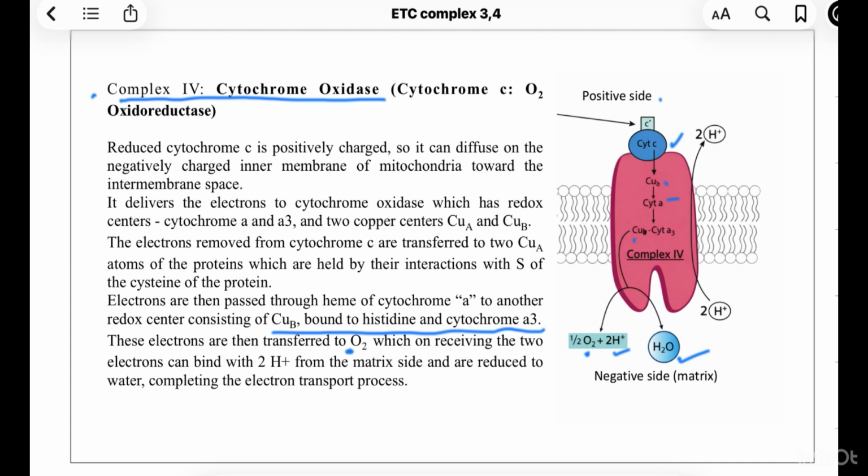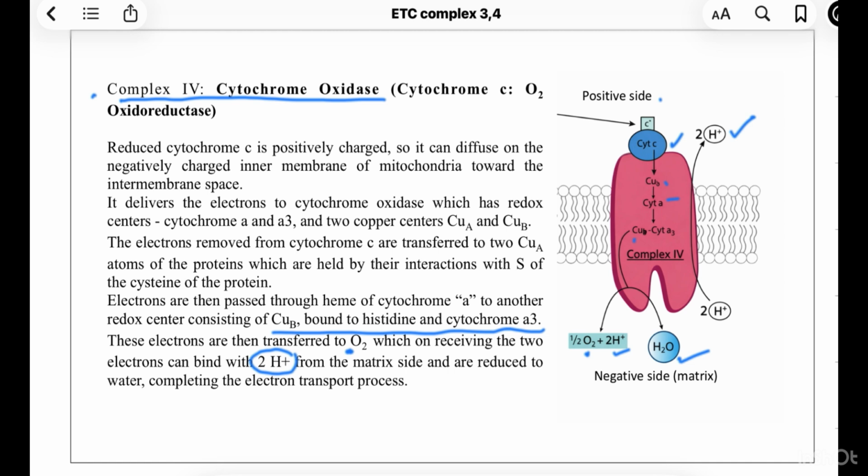In the process, two protons from the matrix are pushed into the intermembrane space. Hence, complex 4 is involved in pushing two protons to the intermembrane space and reduction of oxygen to form water.